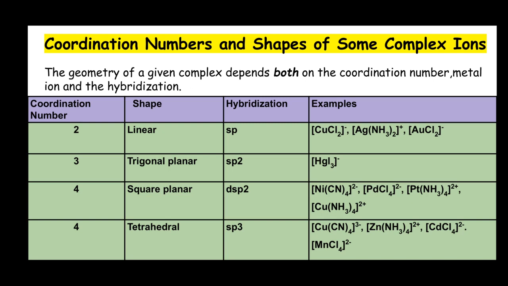In square planar complexes, the hybridization is dsp2, and there are four ligands bonded to the central metal ion, and the orbitals involved are 1d, 1s and 2p orbitals. In tetrahedral geometry, the hybridization is sp3, in the examples of tetrahedral complexes given here.